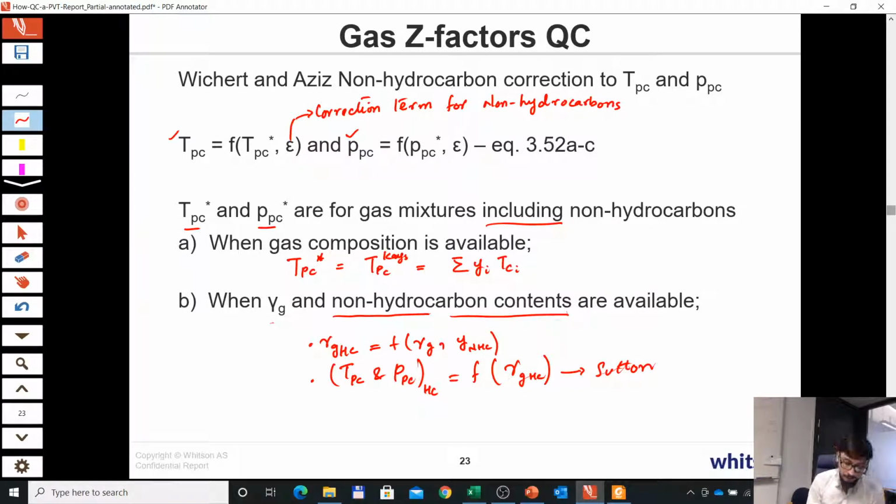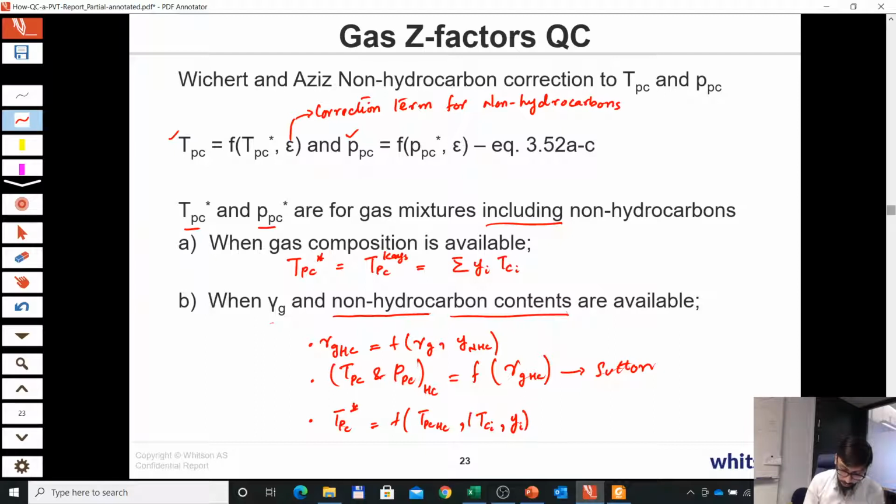Then the third and last step is that when you have the TPC of the hydrocarbon, you can calculate this TPC star, which is the TPC of the entire mixture, as a function of the TPC of the hydrocarbon, the TCi, and the amount of the non-hydrocarbon components.